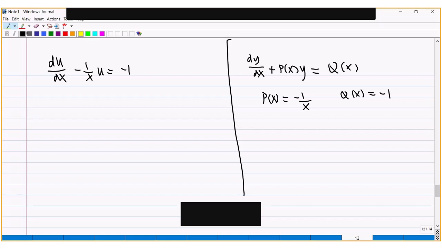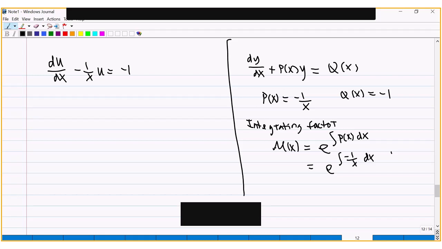So how to continue with this type of equation? You use an integrating factor. Usually we use mu(x) here. It's e power integral of P(x) dx. So we integrate e power minus 1 over x dx. Integrating minus 1 over x, we know is ln x with a minus sign.